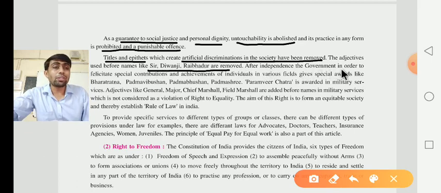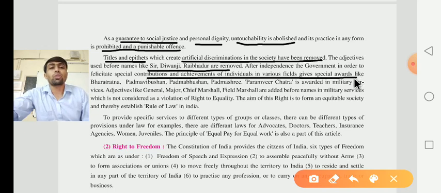After independence, the government, in order to recognise the special contribution and achievement of individuals in various fields, gives special awards. What happened there? After independence, the government ordered that special contributions and achievements of any individual in various fields be recognised, and special awards like Bharat Ratna, Padma Vibhushan, Padma Bhushan, Padma Shri are given.